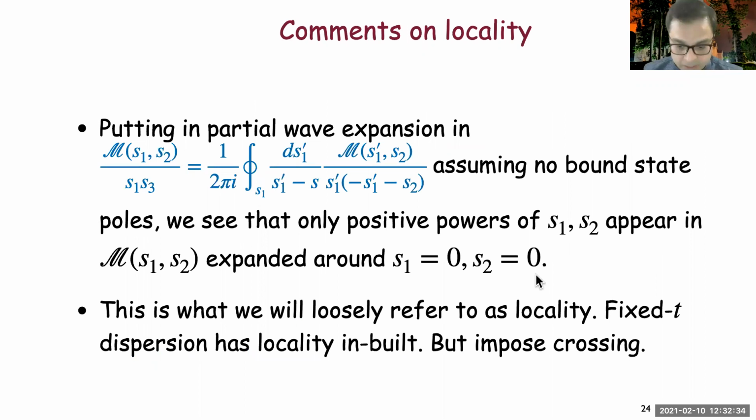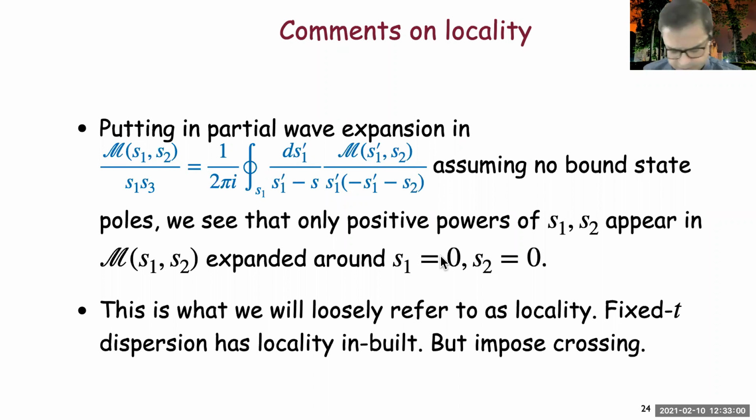So one thing I should mention is something about locality. Locality, in some loose way that I'm using, is inbuilt in the fixed T dispersion relation in the following sense. Suppose you use the fixed T dispersion relation and expand in the partial wave expansion. Then you will only get positive powers of S1 and S2 appearing when you expand, assuming that there's a mass gap.